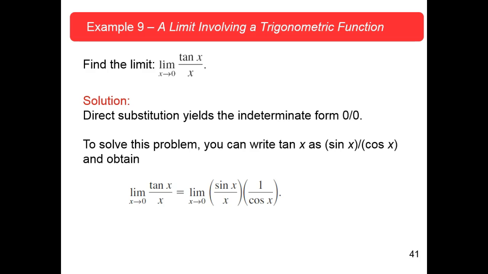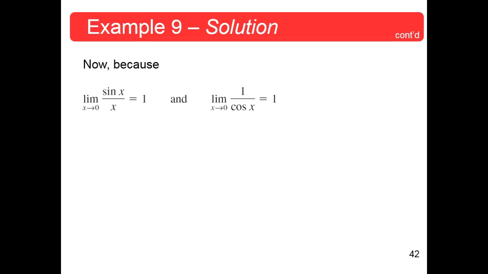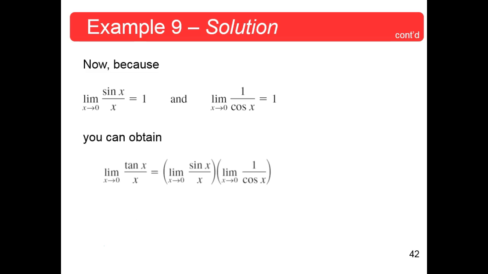And this gives you a form you know. It just happens that both of those factors of that product would be 1. Okay? Because the limit as x approaches 0 of sine x over x is 1, and the limit as x approaches 0 of 1 over cosine x is 1. So therefore the product would be 1.